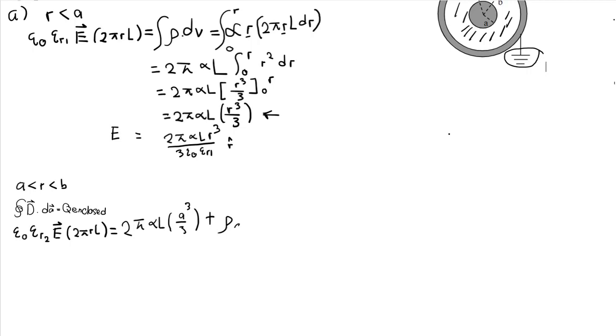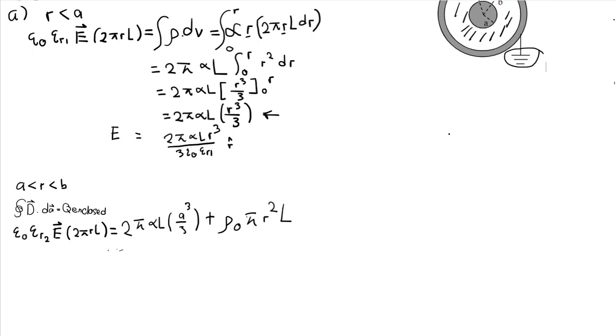So it'll be rho naught, but the volume would just be pi multiplied by r squared L. But just because we are trying to find the charge that is found between A and B, we can say that the radius of our Gaussian surface can deduct off A in order to give us the entire charge that is enclosed between A and B.